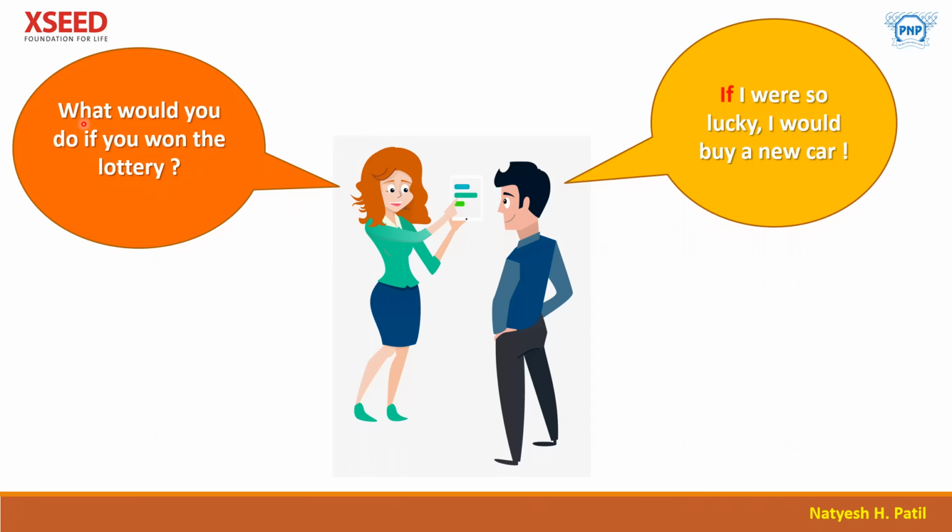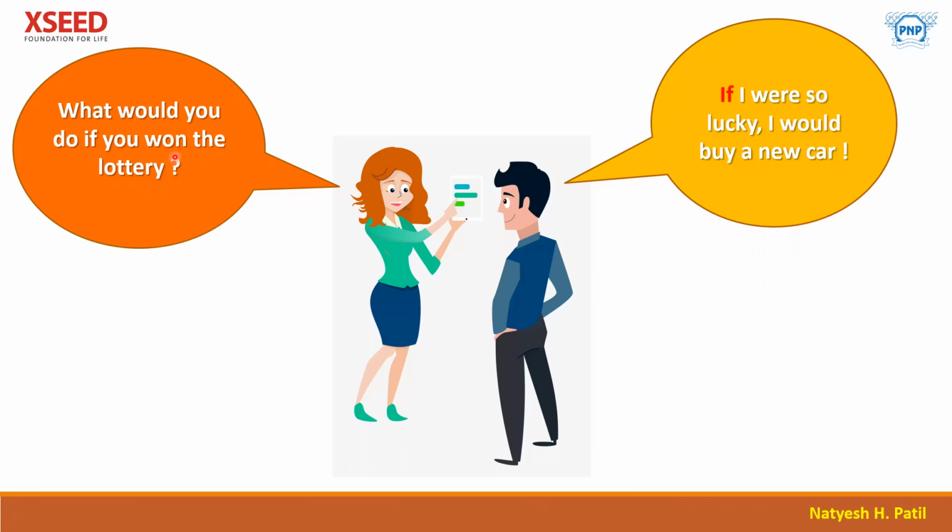Conditionals are sentences with two clauses, an if clause and a main clause. You can see the remaining part is the main clause. The if clause introduces a condition, and this is a condition: what would you do if you won the lottery?